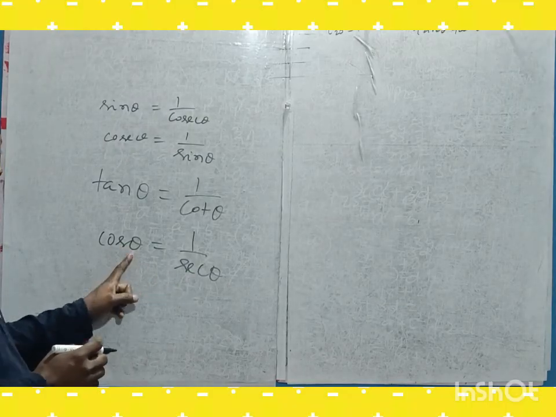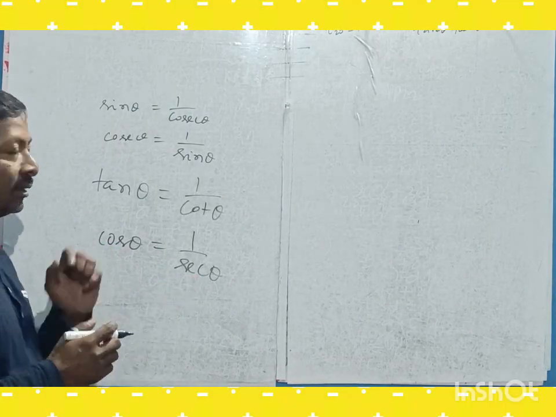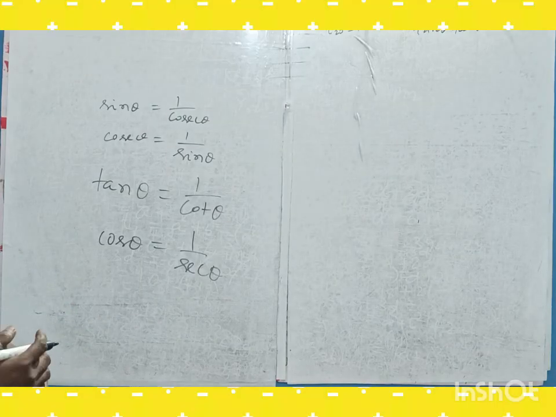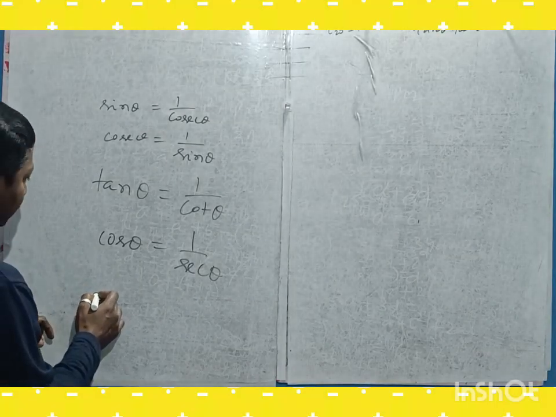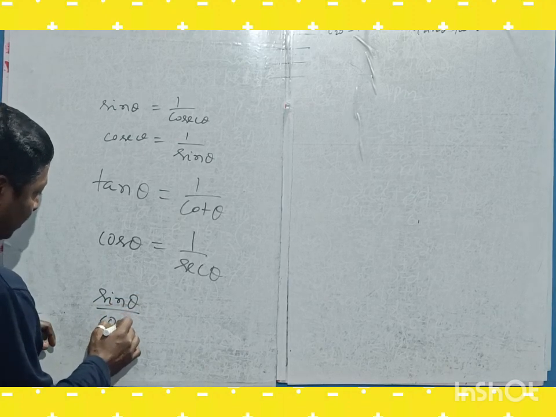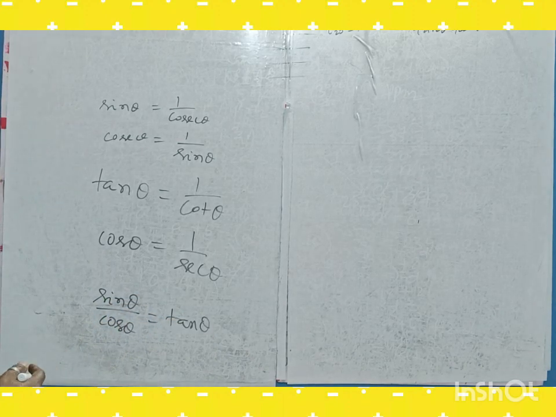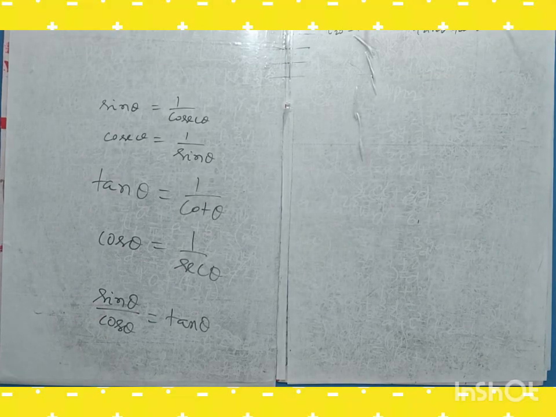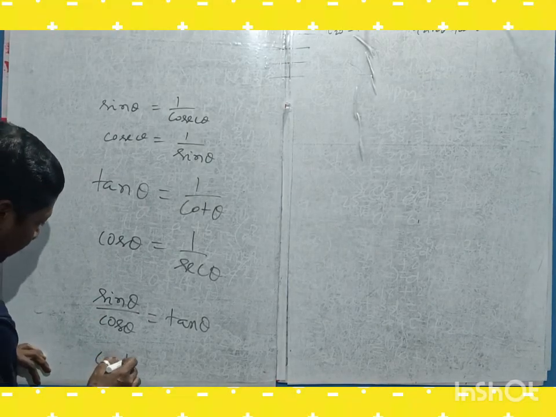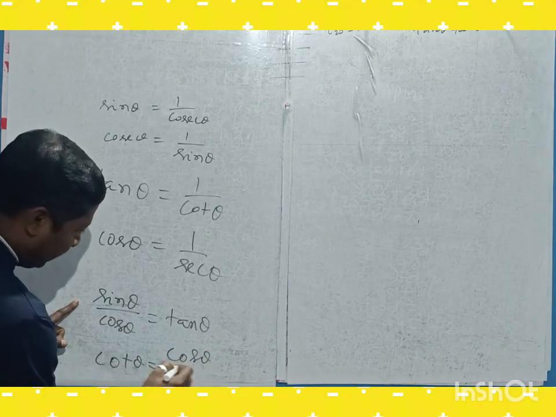Cos theta into sec theta equals 1. Again, sin theta by cos theta equals tan theta. You have to remember this one also. Again, cot theta is the reverse of this, cos theta by sin theta.